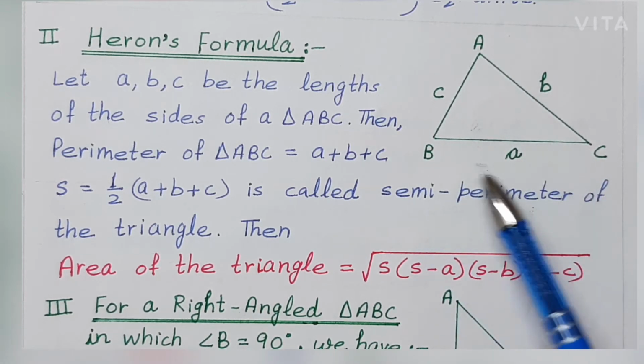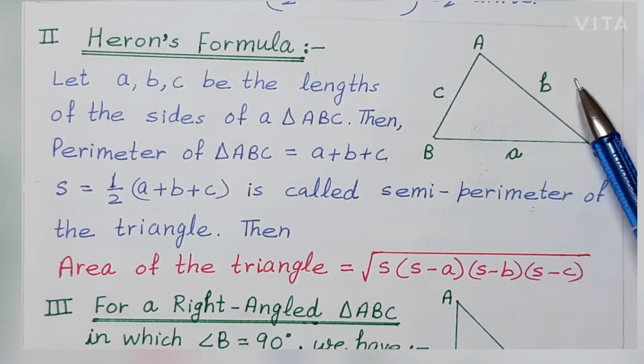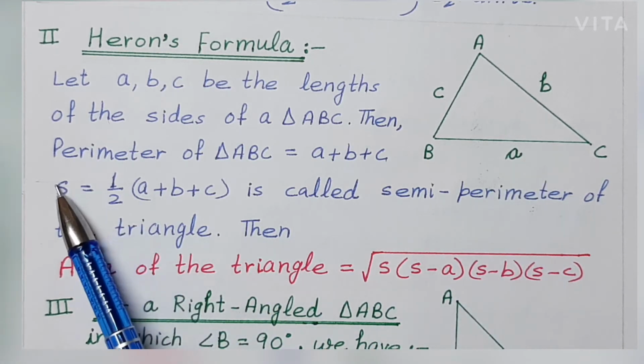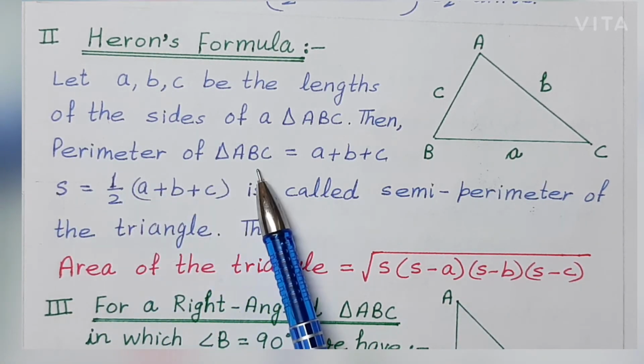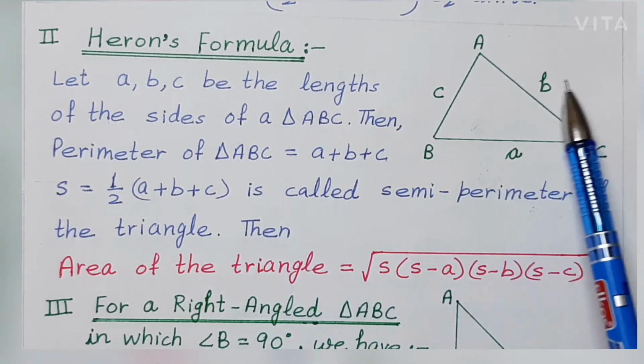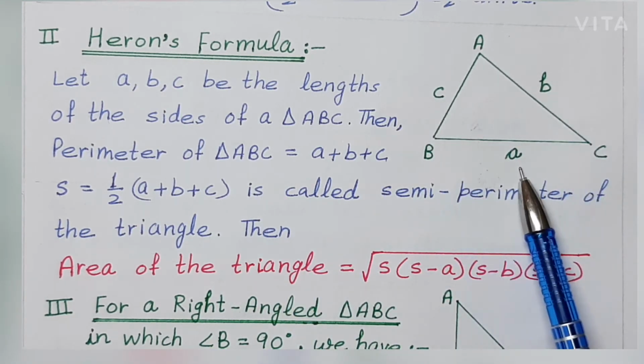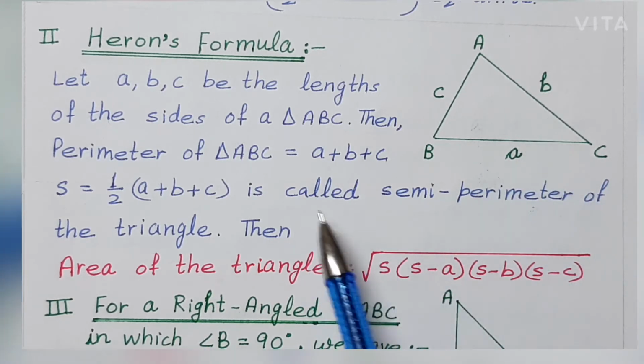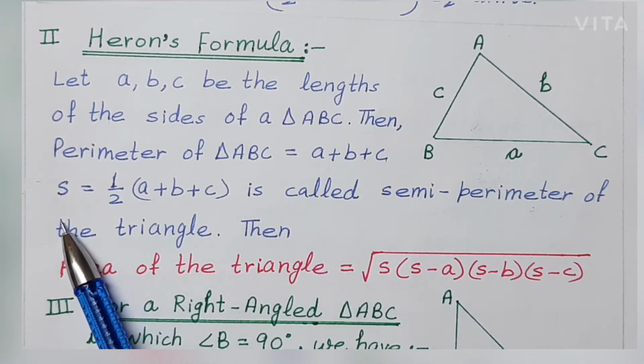We know that the perimeter of any triangle is the sum of all its three sides. Clear?